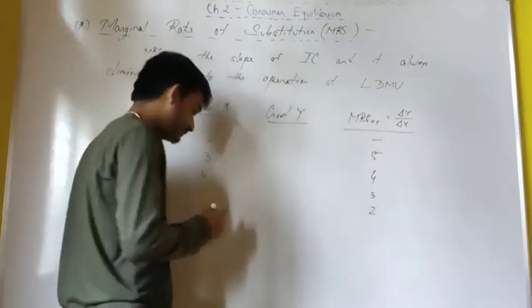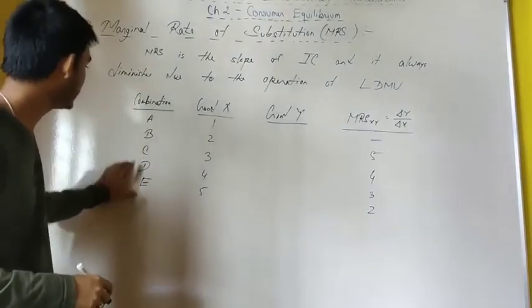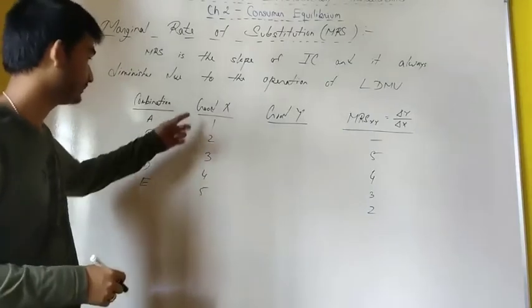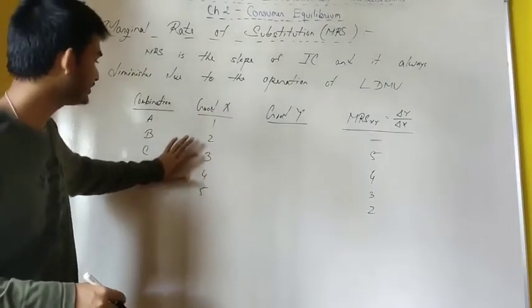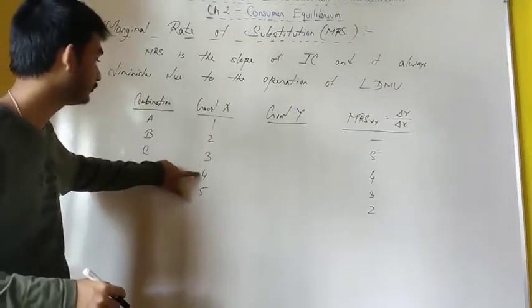Now how to fill up this table? First you fill up the combination column A, B, C, D, E. Note down some amount of good X, and note that the amount of good X always increases one by one: 1, 2, 3, 4, 5.